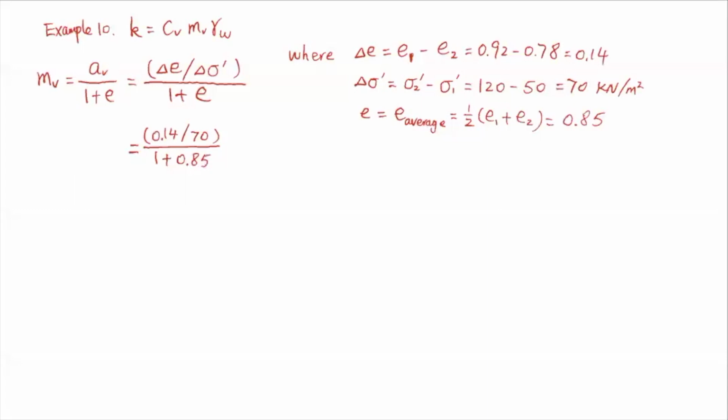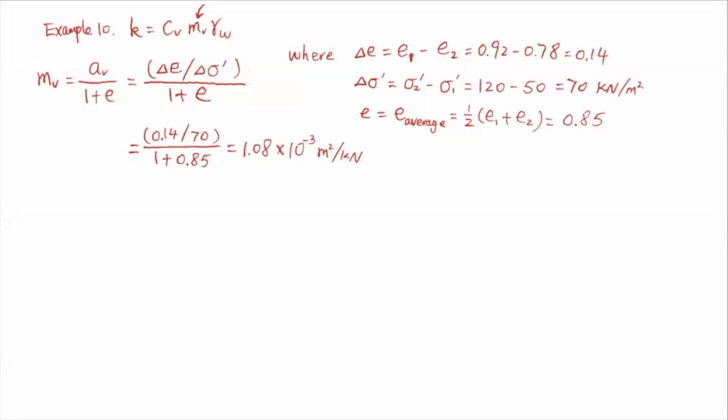And you get a coefficient of volume compressibility of 1.08 times 10 to negative 3 meter square per kilonewton. So we have this m sub v, and the unit weight of water is constant, we don't need to worry about that.